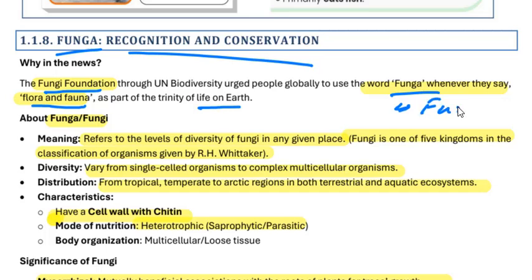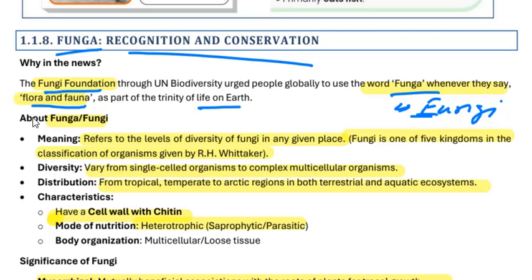When we talk about flora and fauna, fungi is always missing, because according to the Whittaker classification, there are 5 kingdoms: Monera, Protista, Fungi, Plantae and Animalia. We usually talk about flora and fauna, but we never use the word funga. So they are calling to use the word funga for fungi.